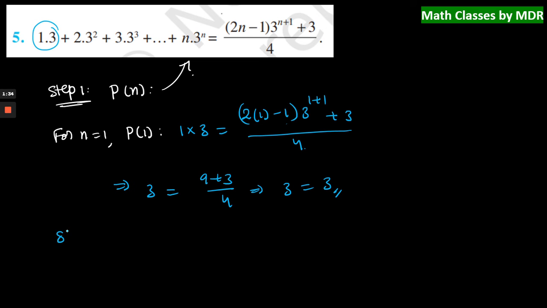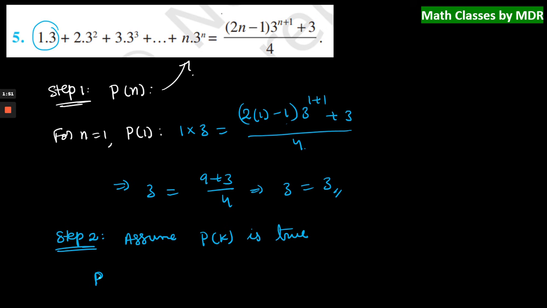Now let us look at step 2. What is step 2? Assume P of k is true. Right? So what is P of k here?